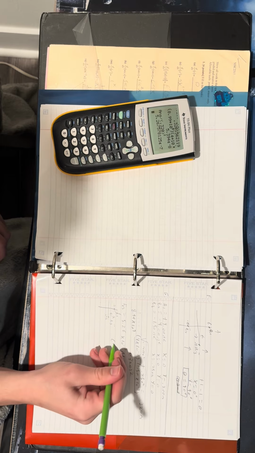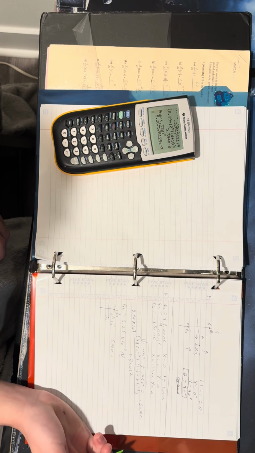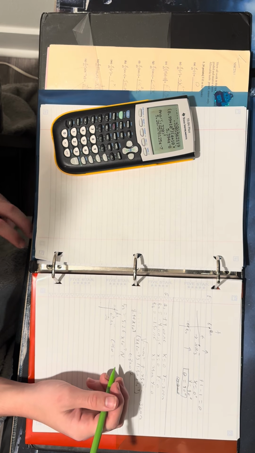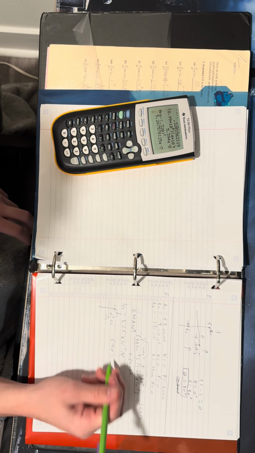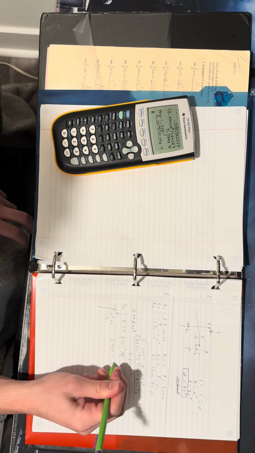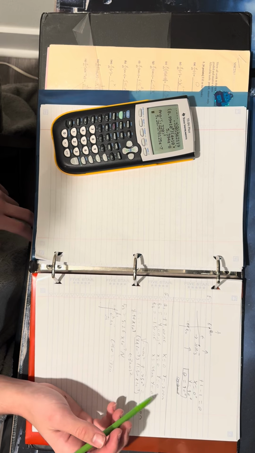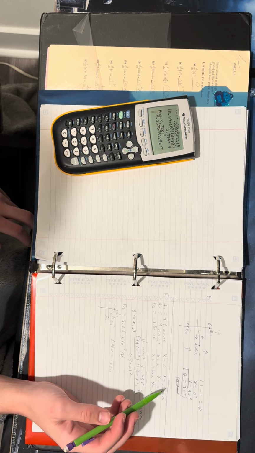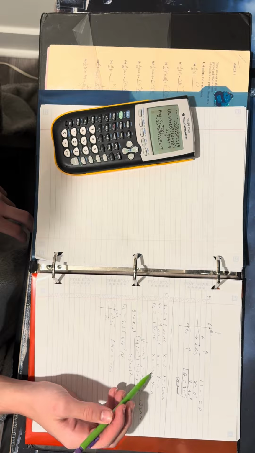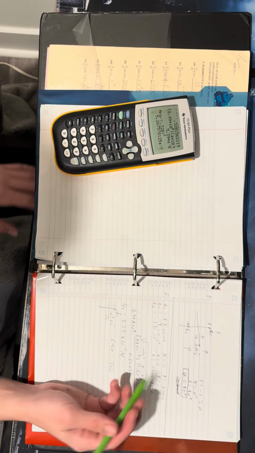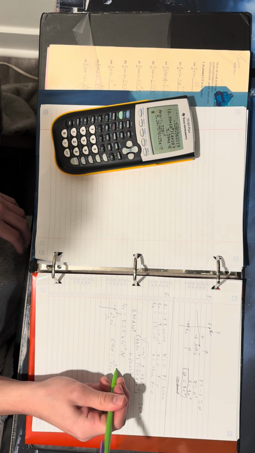First, we got to plug in cosine of our x over the distance on the bottom. I was thinking 0, and I'm like, that can't happen. It's 0.25.